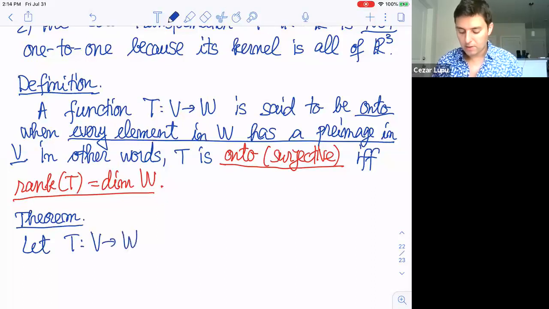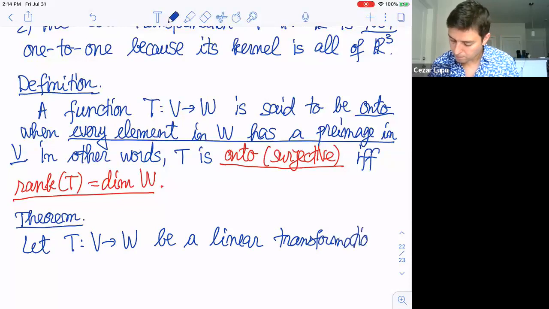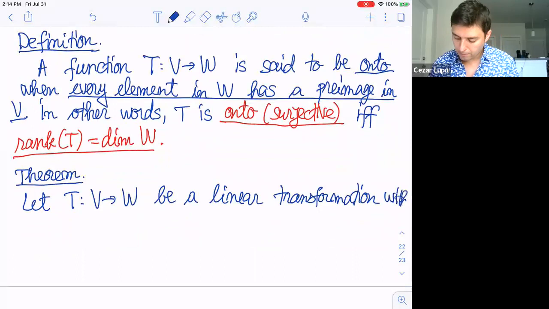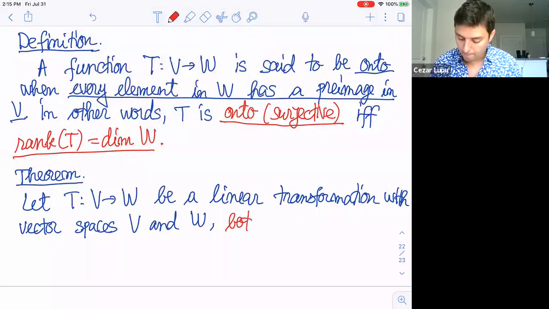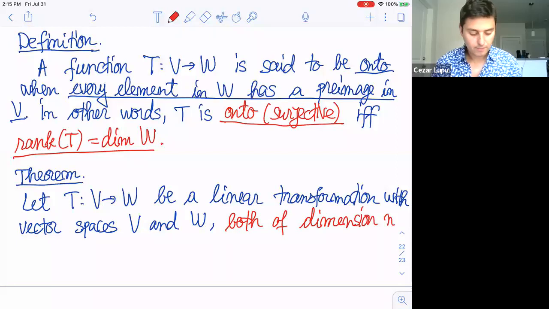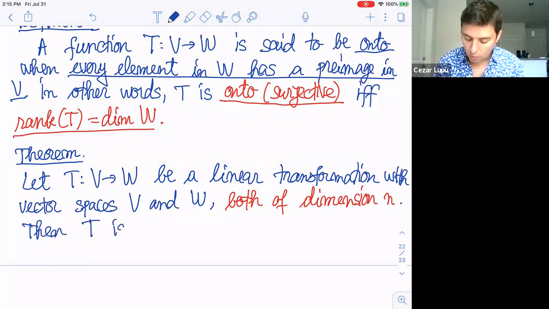Let T from V to W be a linear transformation with vector spaces V and W, and this will be an important condition, both of dimension n. Then T is one-to-one.